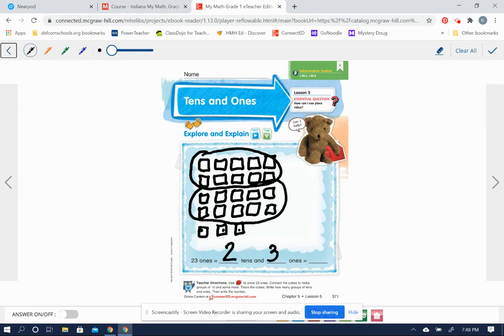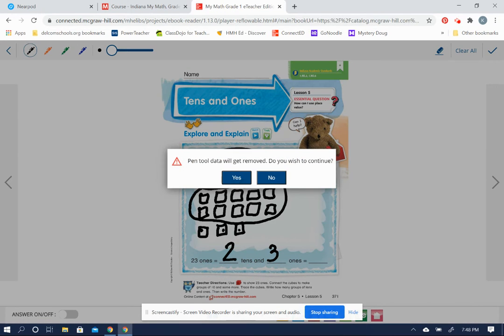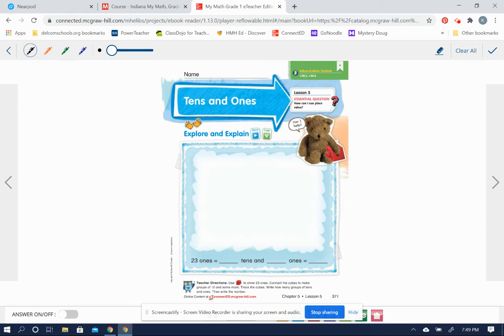Now I'm going to erase that because that was the easiest way that I could think of. If we have two 10s, we can also show that 10 as a stick of 10. We had two of them, so two sticks of 10, and then the ones.